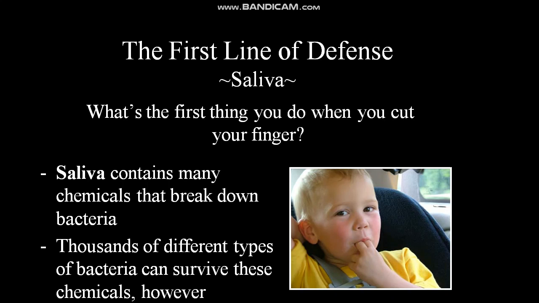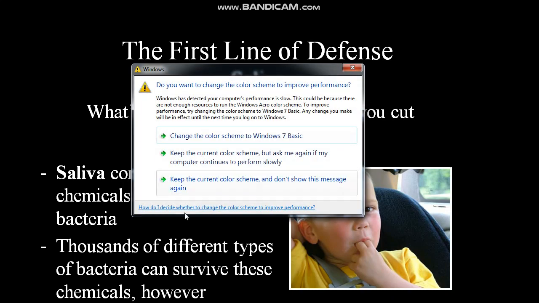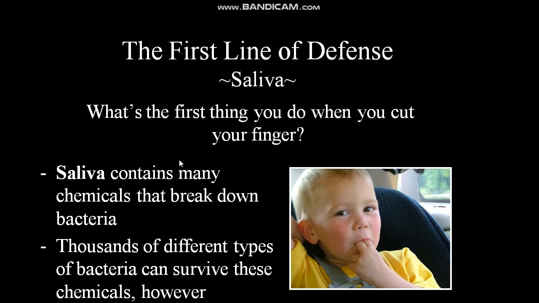There are various types of enzymes and other chemicals that kill them. Only a few thousand different types of bacteria can survive these chemicals. So the saliva kills these types of bacteria by these chemicals.